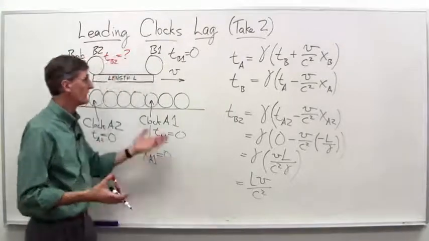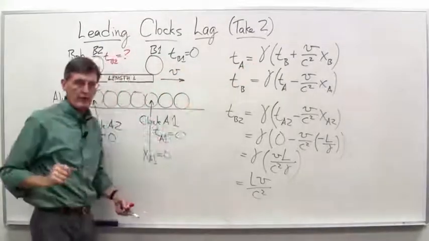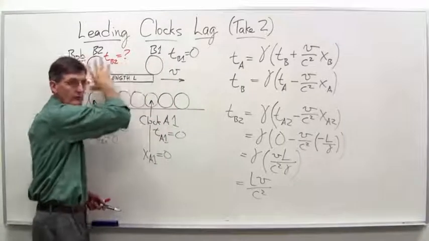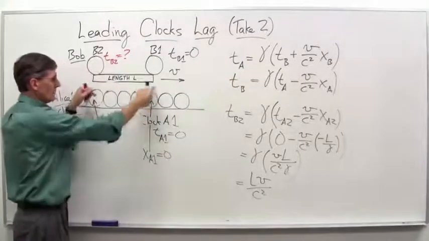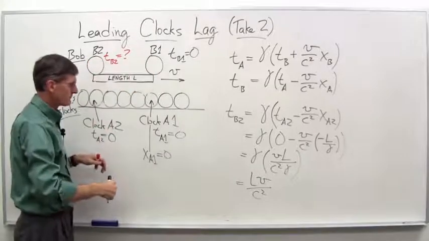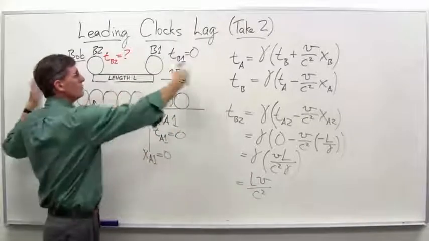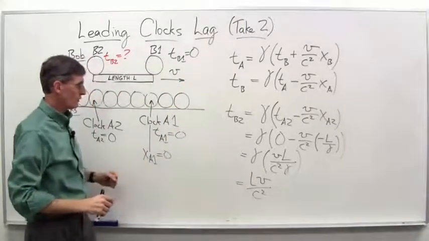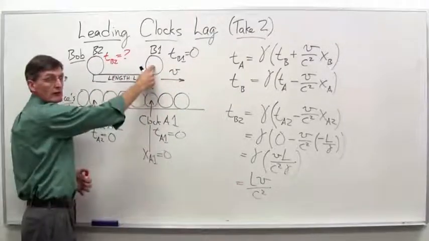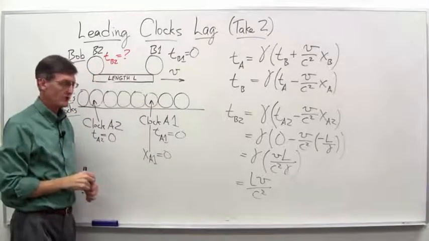Remember, when a set of clocks is moving past an observer, then for any 2 clocks in the set, the distance between them in the clocks' frame, in this case Bob's frame, so that'd be L here, but it doesn't have to be the length of a spaceship, it could just be 2 distant clocks in Bob's lattice of clocks, times the velocity over c squared: the leading clock will lag the trailing clock, in whatever situation you're looking at.